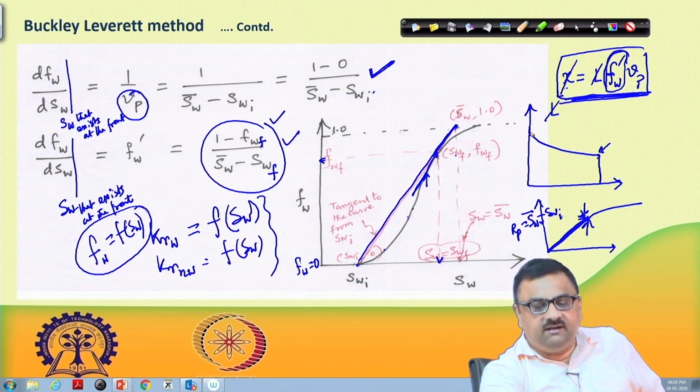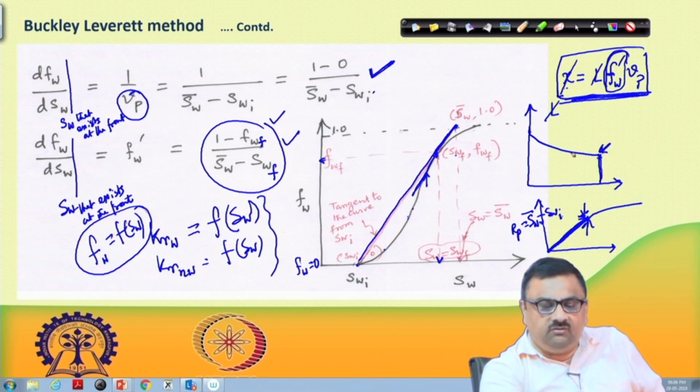Here the maximum I can go is 1 minus SOR, because a minimum SOR amount of oil has to remain in the pore space, and in between the saturation will decrease slowly, and at this point it is just the time when the Buckley-Leverett front has broken through. So, this is the corresponding SWF we have.